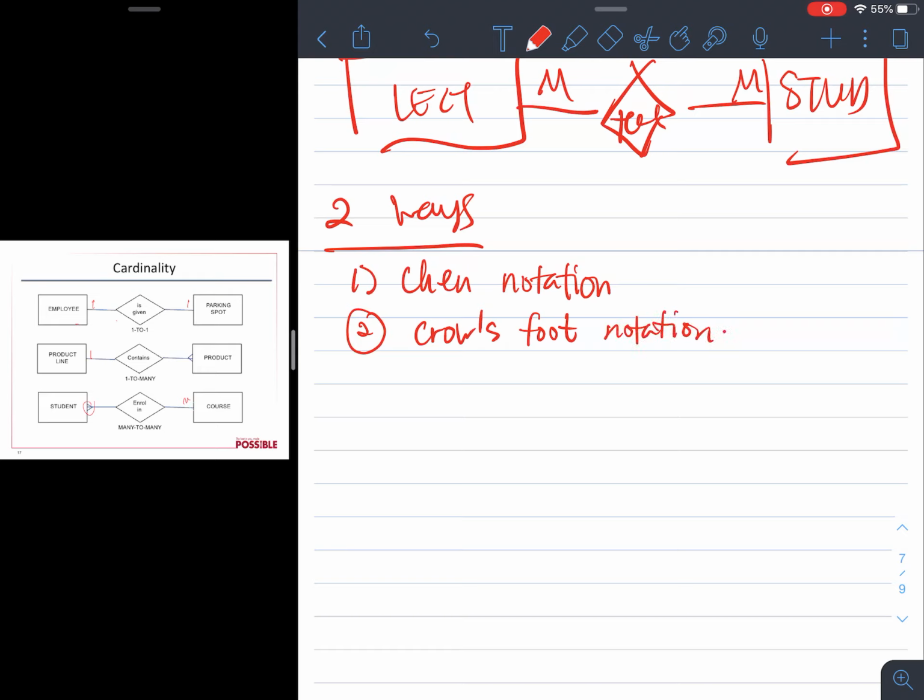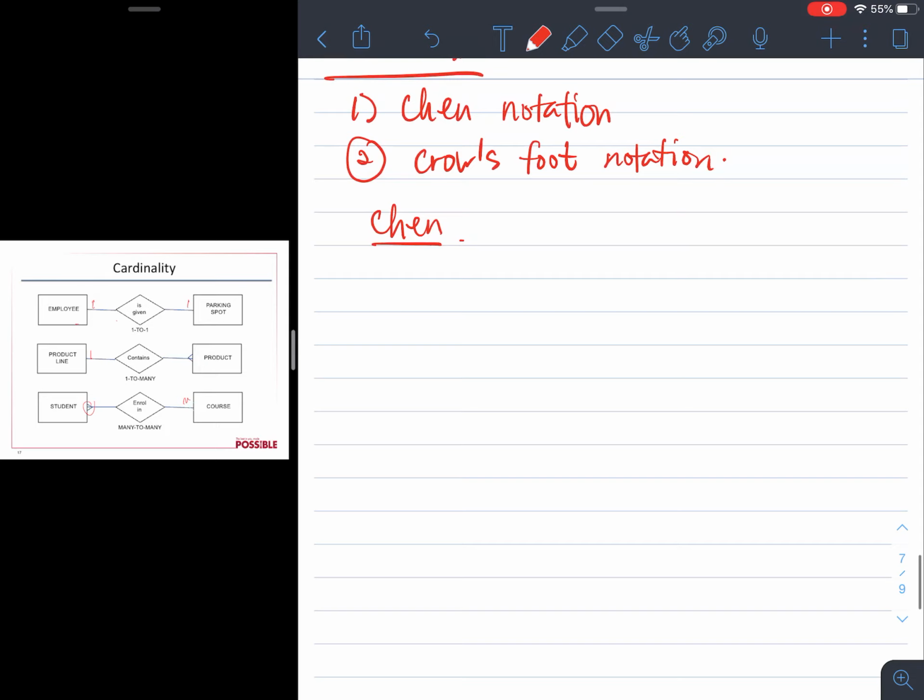Let's look at chain first. You can choose any approach, it's just that you have to know how to display them. In chain, the entity is still the same, a box, and you have a diamond in between. The cardinality is written as a number, like one to many.